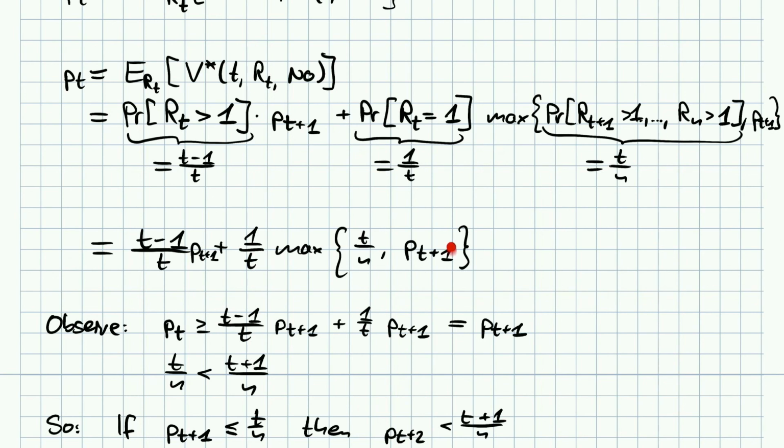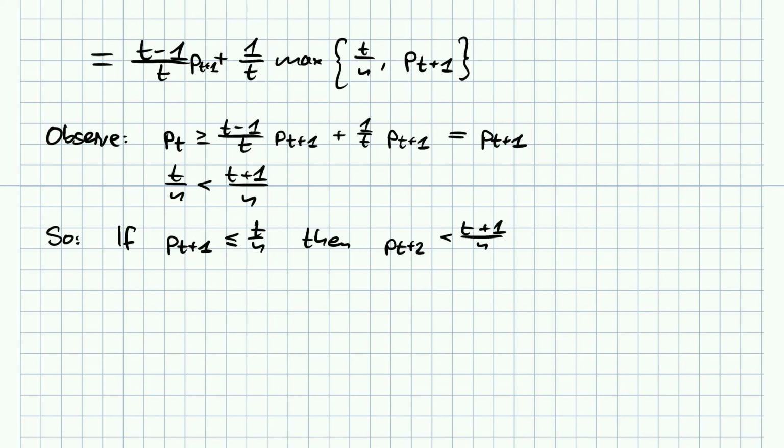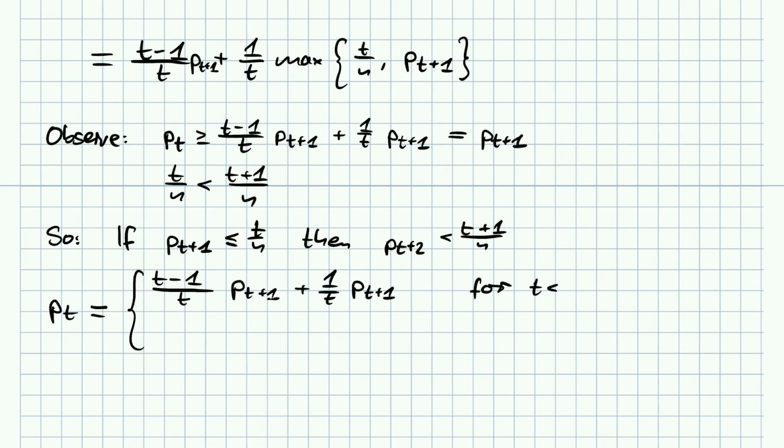And this tells us something about what we're getting here as the maximum. This now means that P_t will have to have the following form. It will be (t minus 1) divided by t times P_{t+1} plus 1 over t times P_{t+1} for t smaller than a certain tau, and afterwards it will be t over n, which gives us the maximum of the two here.